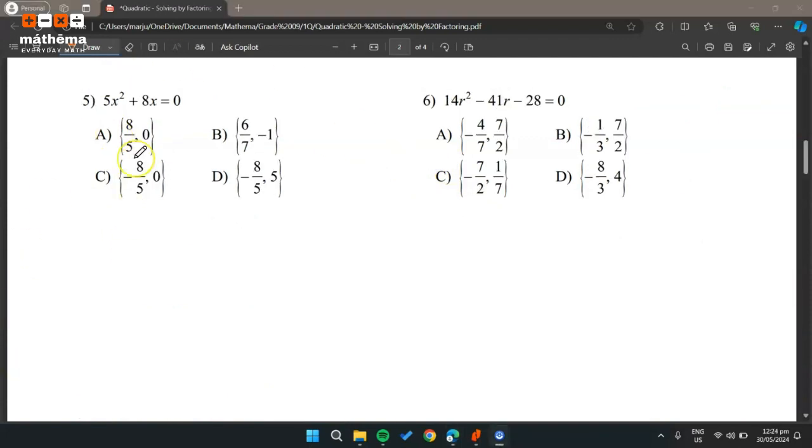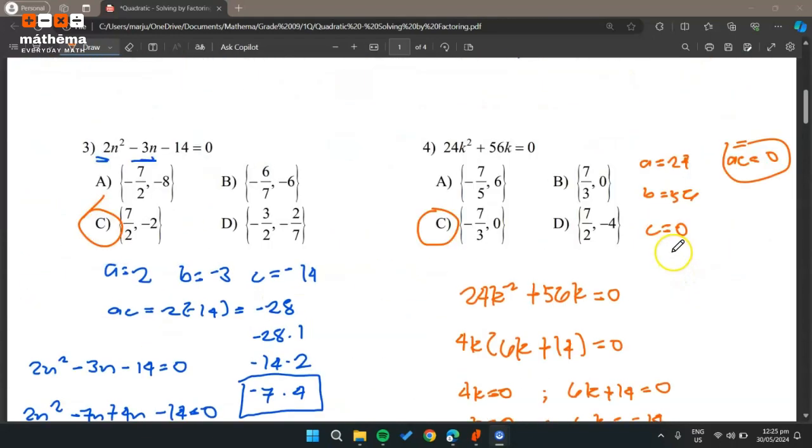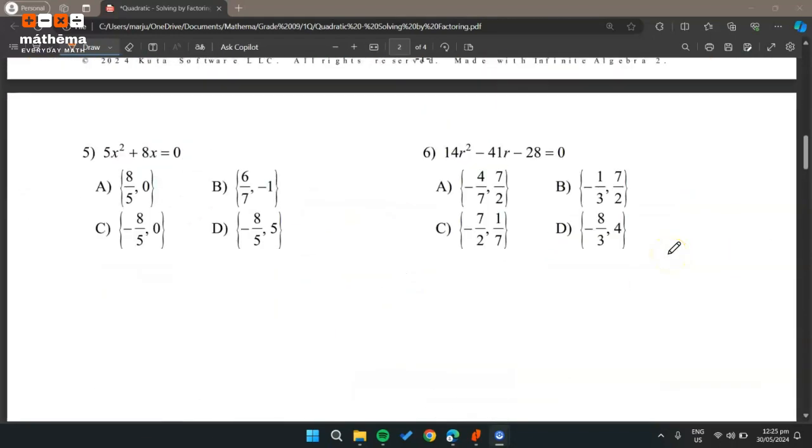Now for number 5, if you're going to look at this quadratic, 5x squared plus 8x is equal to 0, that is the same structure with number 4. So we are going to approach this using our approach in number 4. So we will do 5x squared plus 8x equals 0. Factor out x, we will have 5x plus 8 equals 0.